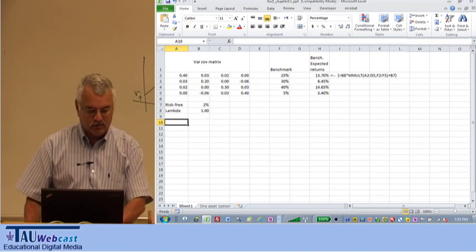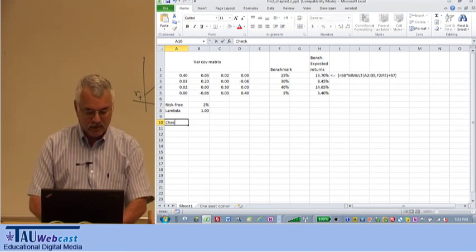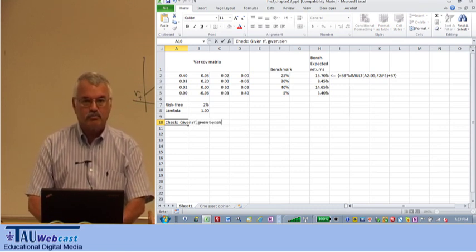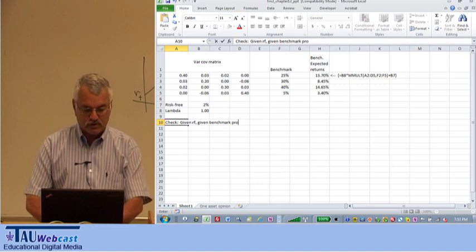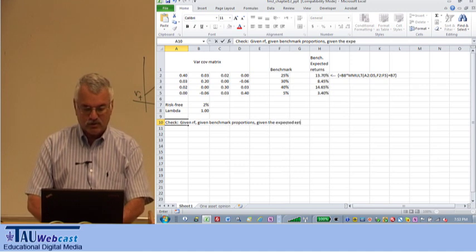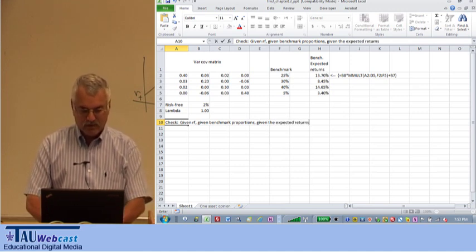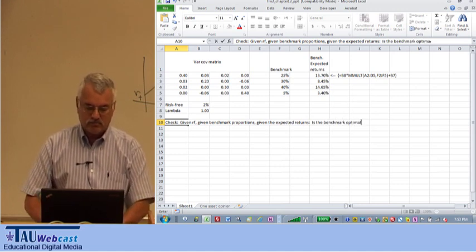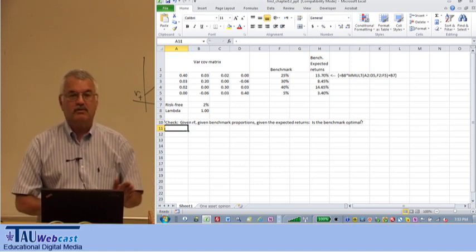So here's what I'm going to do. I'm going to check. Given the risk-free rate, given the benchmark proportions, given the expected returns, is the benchmark optimal? That's not a big deal.